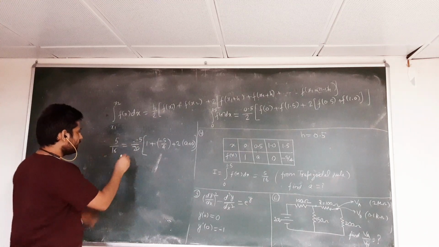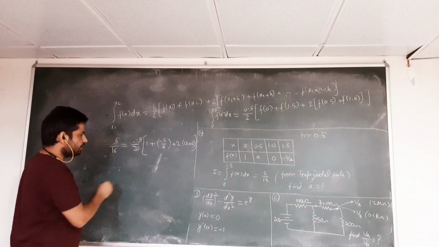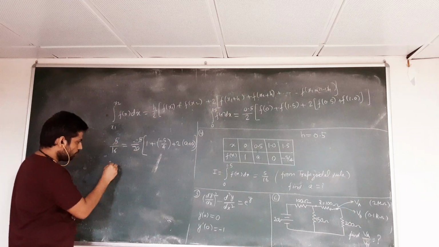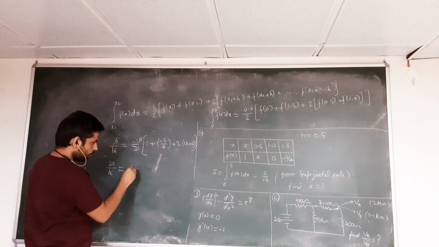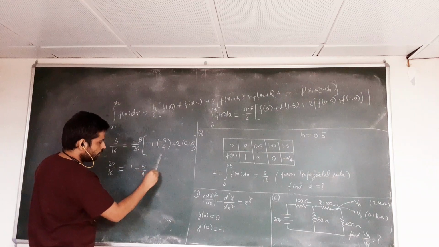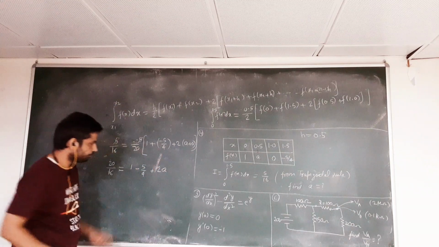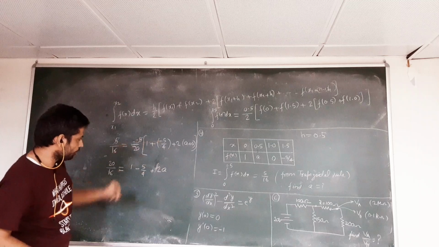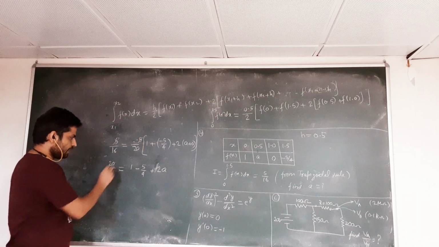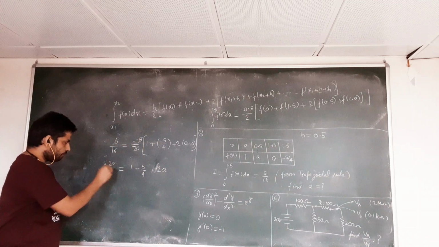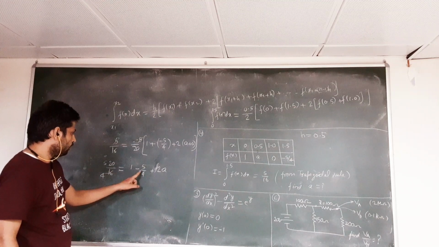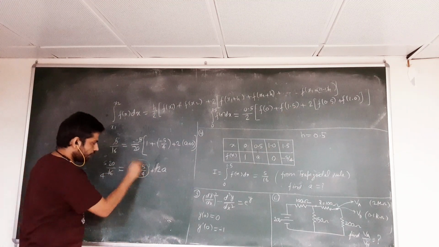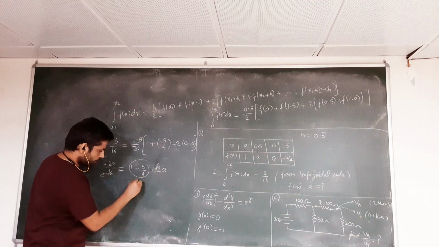We just have to simplify this equation. This 5 will cancel with this 5, and 20 will come here, so you will have 20 by 16 equal to 1 minus 5 by 4 plus 2 times a. This can be cancelled with 4, so it will be 5 by 4. Adding the terms, it will be minus 1 by 4.